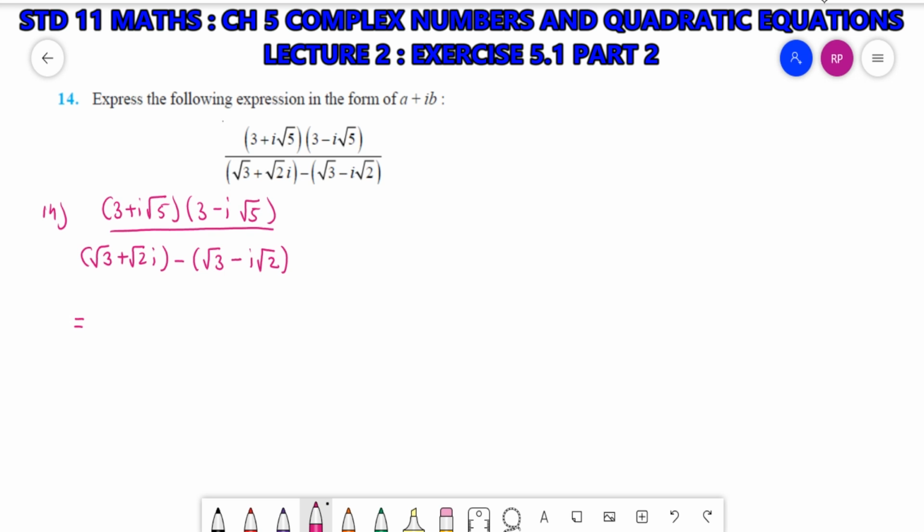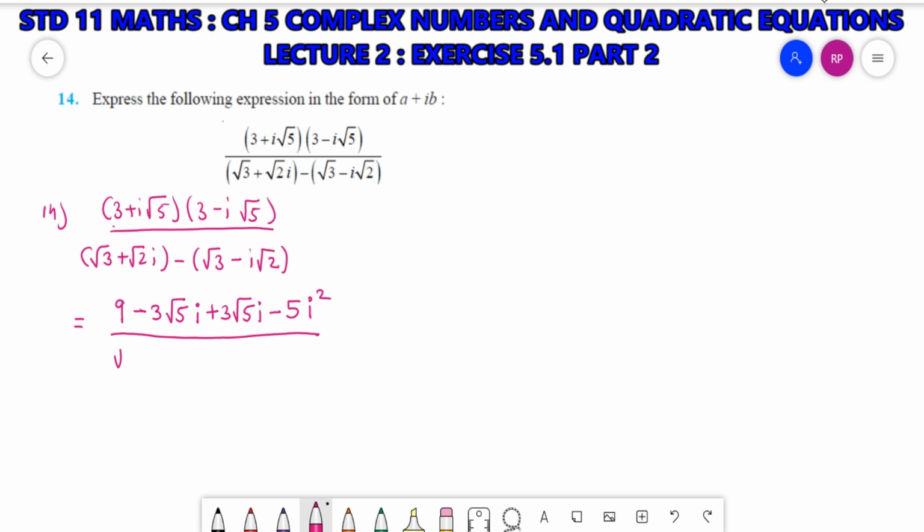Let's multiply in the numerator. 3 into 3 is 9. 3 into minus i root 5 is minus 3 root 5 i. Again, i root 5 into 3 is plus 3 root 5 i, and i root 5 into minus i root 5 is minus 5 i square, with plus and minus giving minus.